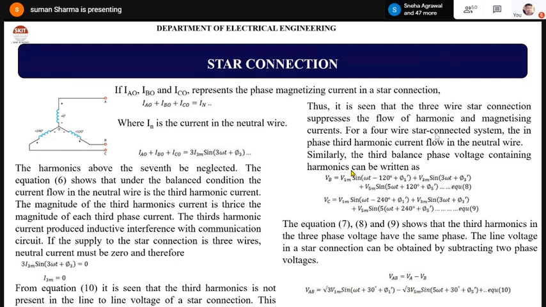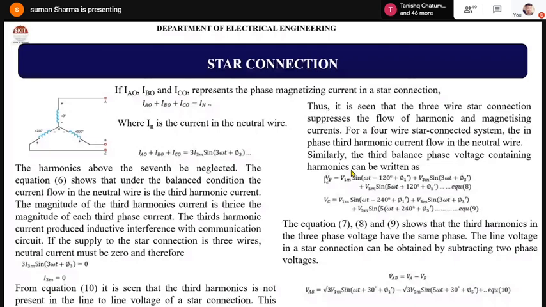For 4-wire star connected system, 3 wire तो आपके ABC हो गए और 4th wire कौन सा हुआ, न्यूट्रल का. So for 4-wire star connected system, the in-phase third harmonic current flows in the neutral wire. Similarly, the balanced phase voltage containing the harmonics can be written as: what is VB phase voltage?